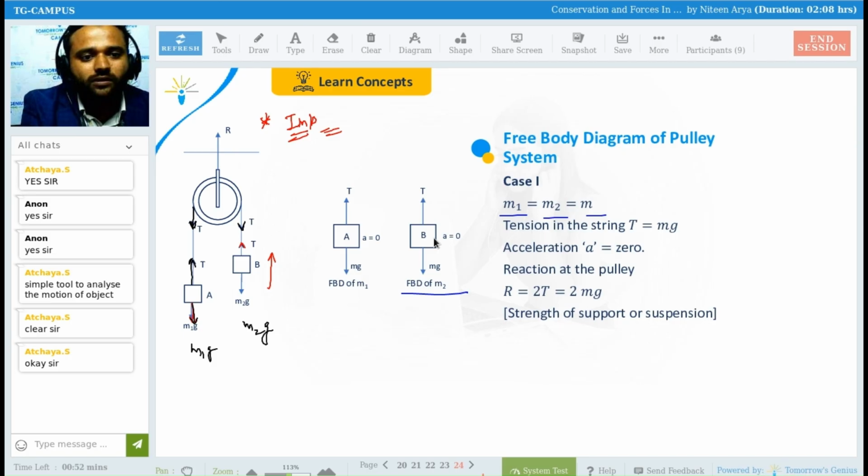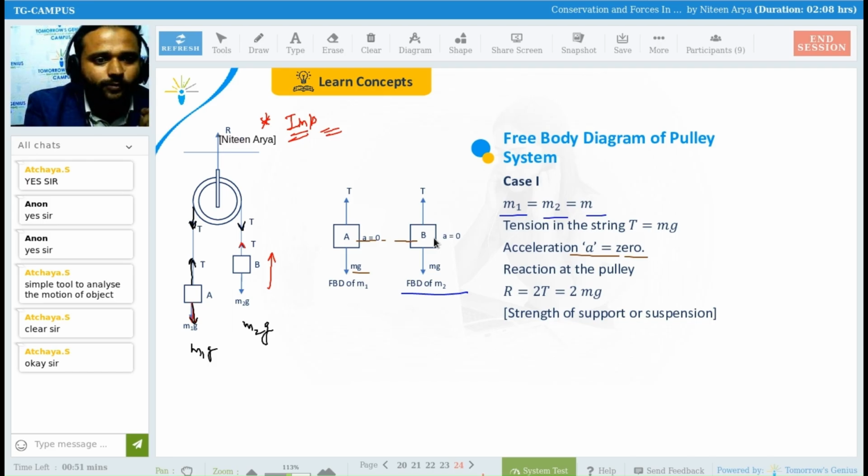Acceleration is going to be zero. Why is it zero? Because if the masses on both sides are equal, they are not going to move even a little bit, because they are balancing each other. But the reaction at the pulley, R, equals 2 times the tension.